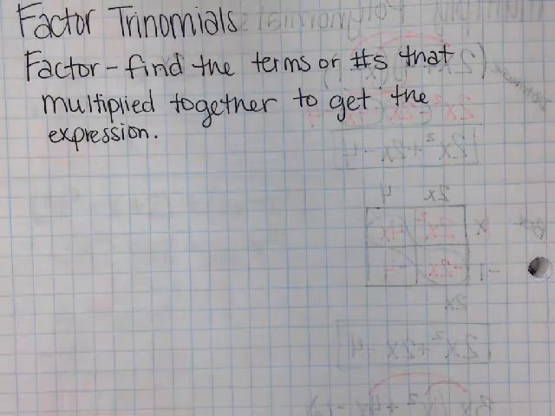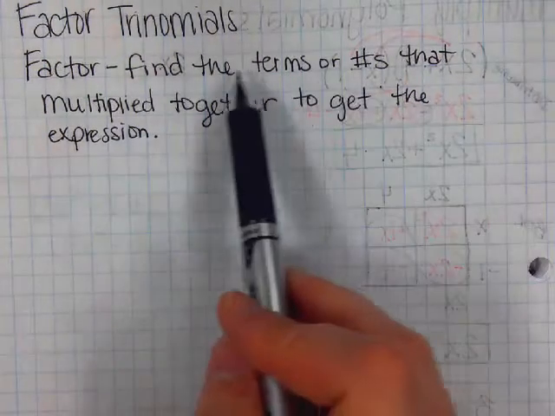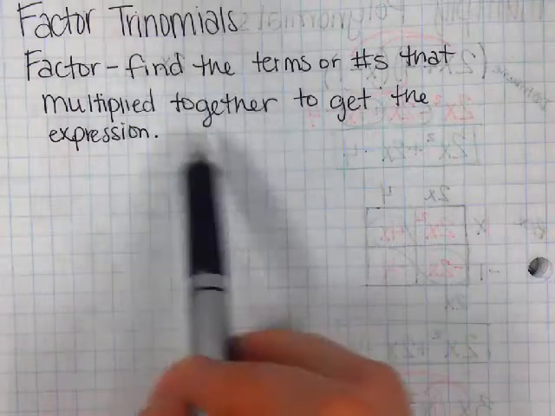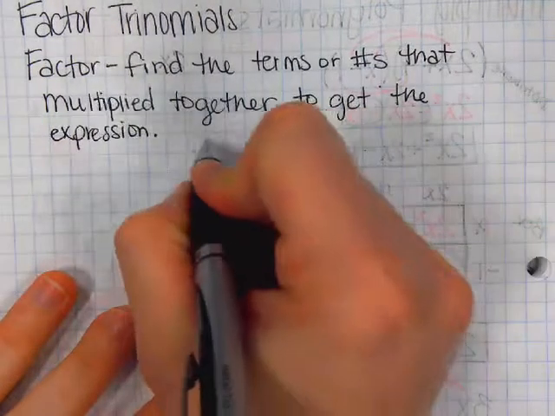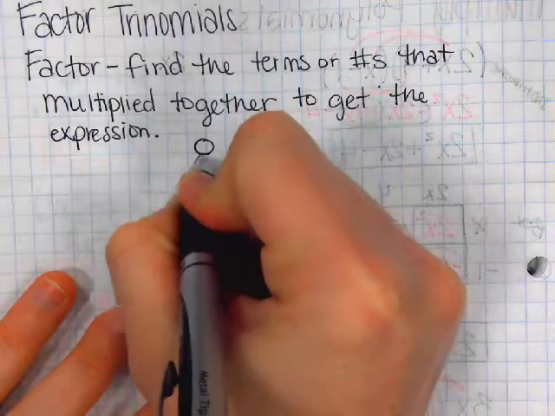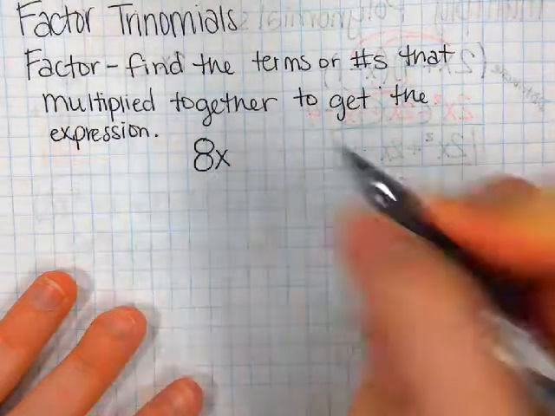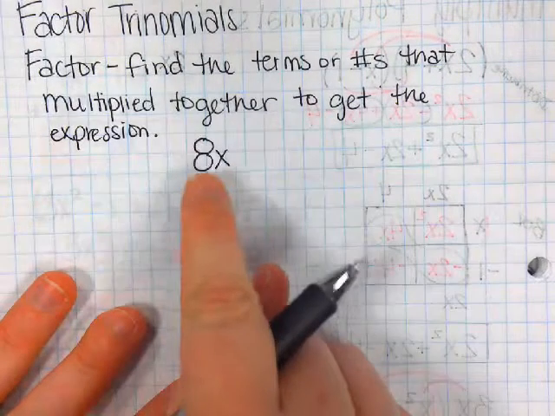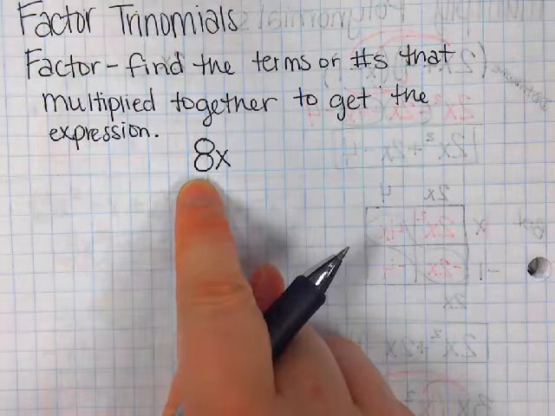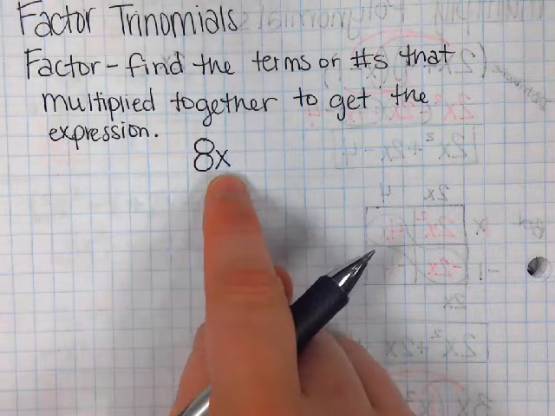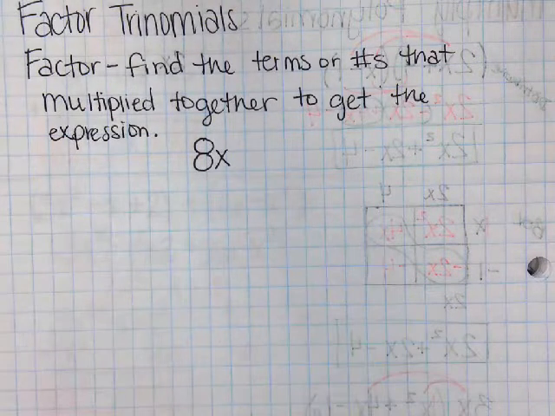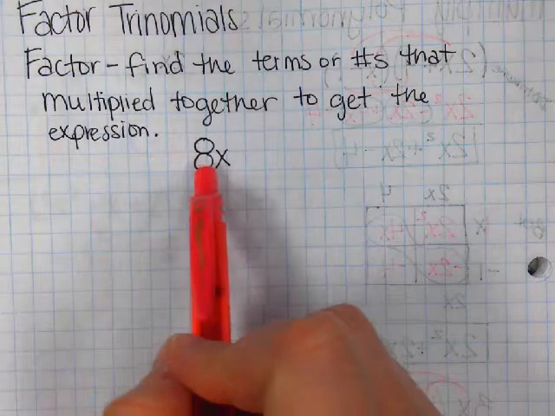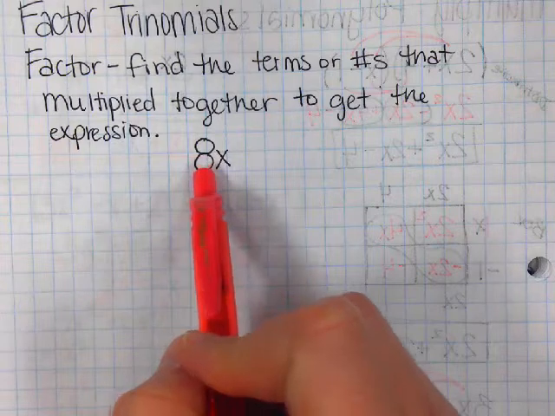So, factoring trinomials. Factor just means to find the terms or numbers that multiply together to get the expression. So if I have an 8x and I ask you to factor it, what that means is: what multiplied to get the 8 and what multiplied to get the x. You could multiply 8 times 1, or 2 times 4.